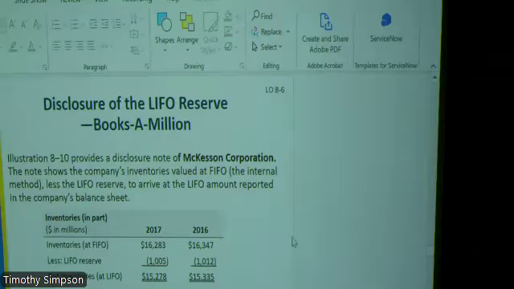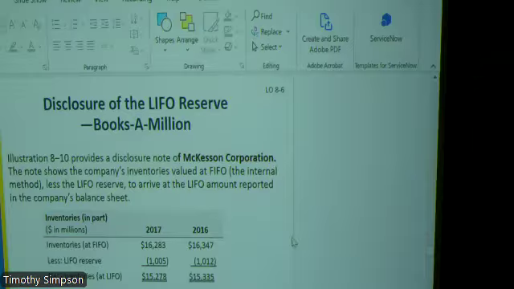This is one of the things we talk a lot about in intermediate accounting, the idea that we can reverse some of the valuation differences between those. So in this example, in 2017, the LIFO reserve went from 1.012 billion, I'm sorry, I keep saying trillion, 1 billion, to a little over 1 billion. It was about a $70 million difference, or $7 million difference.